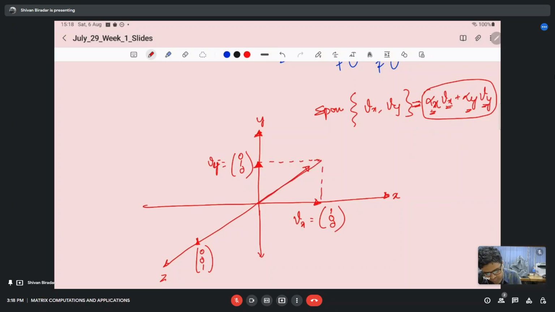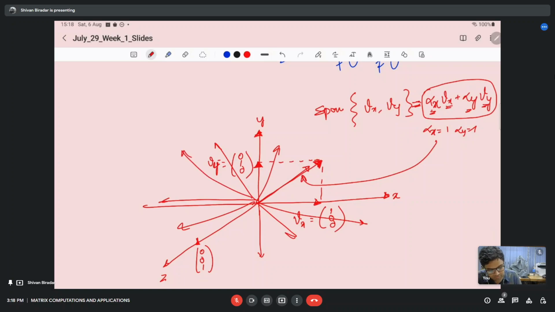Let us say that alpha x equals 1, alpha y equals 1. Then I'll get this vector. So for various values of alpha x and alpha y, I'll get various vectors. One important thing here is that I'll get all these vectors in the xy plane only. So that's why I say Vx and Vy span the xy plane in R3. I hope you understood the concept of span.